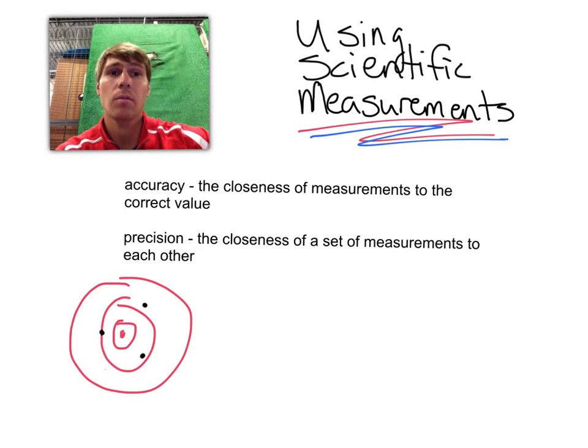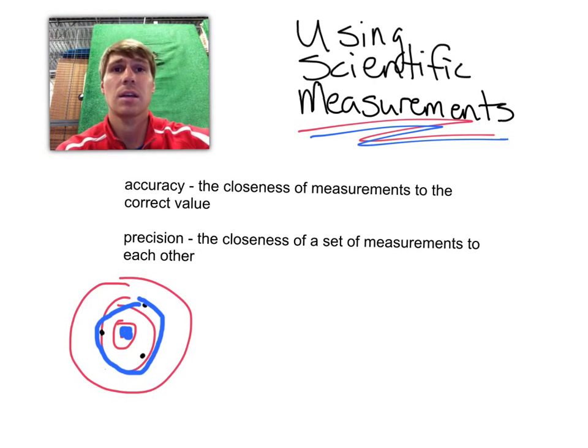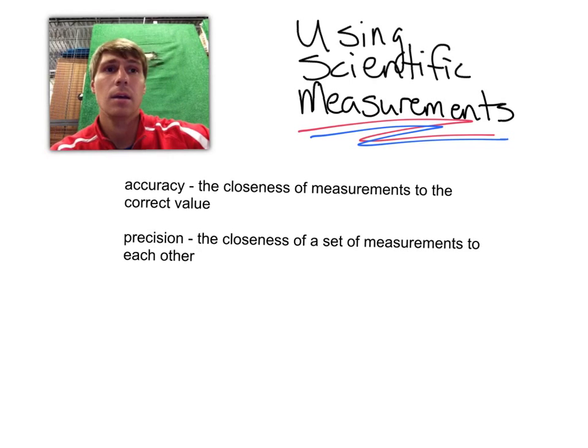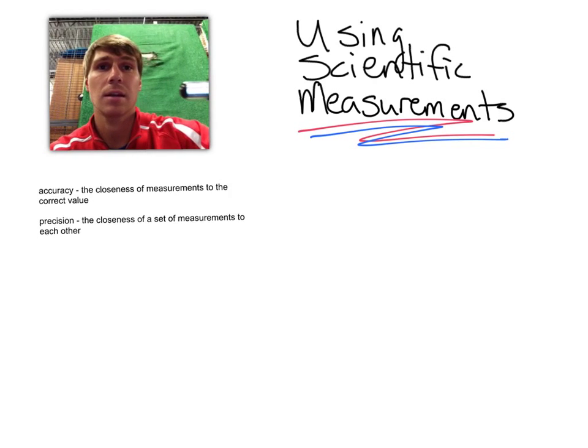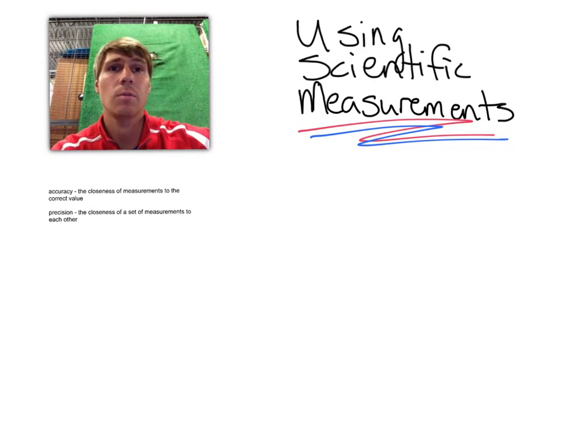They all go around it, but none of them are actually bullseyes. Yet if we look at the average of them, the average of them is going to be somewhere right in that middle circle, the blue. And so we really do have something that's both precise and accurate. Alright, let's go ahead and move all that to the side because we can talk about the next thing. Those are going to be two of the definitions that we want to use.